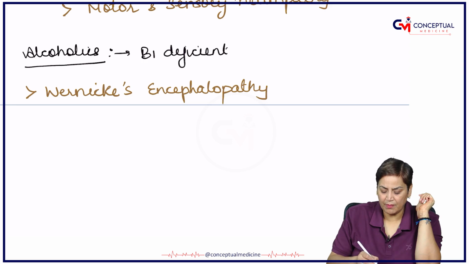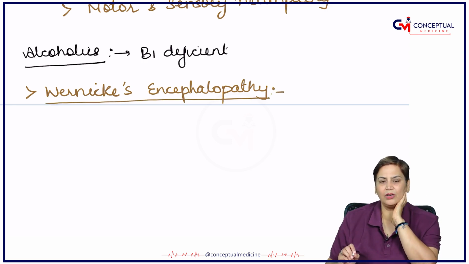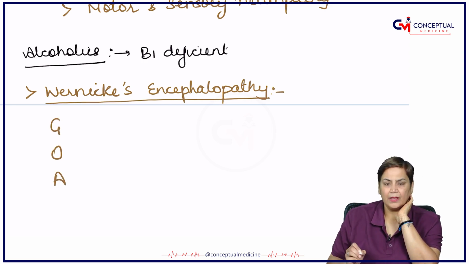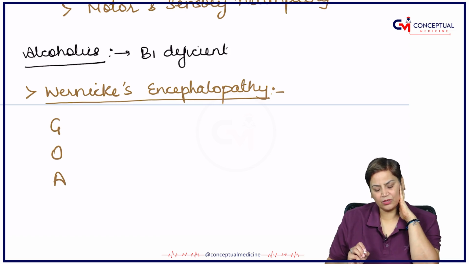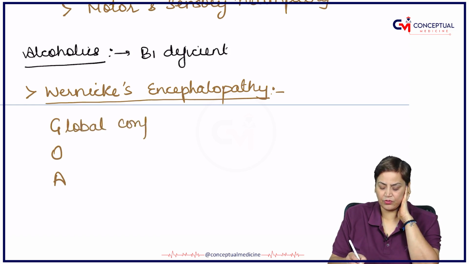And how to remember this? You have to remember the mnemonic GOA, G-O-A. So what happens here is, the person who is very much into alcohol, and if he is B1 deficient, it will lead to global confusion. He will be all the time confused. There will be ophthalmoplegia.